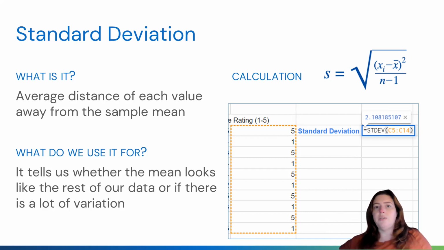It is the average distance of each value in your data set away from the sample mean. And how do we use this? It tells us whether the mean looks like the rest of our data, or is there a lot of variation?